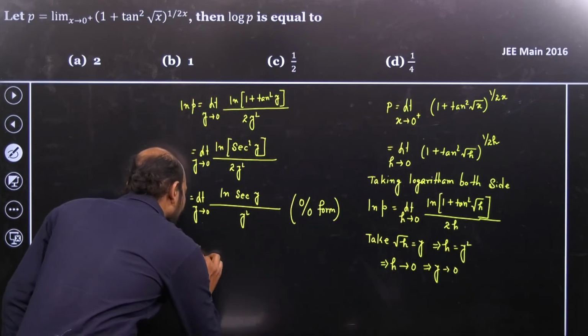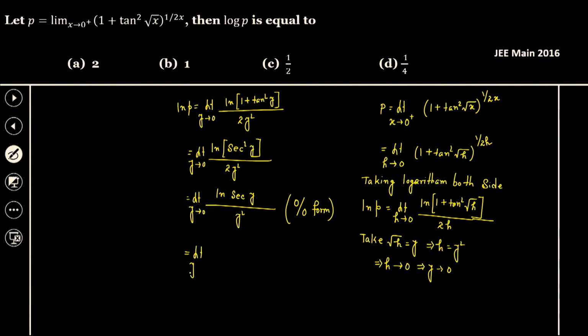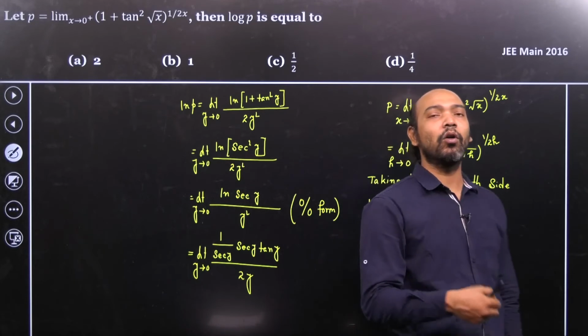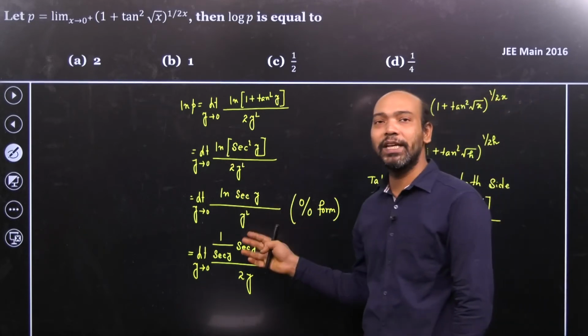So if I go ahead and take the differentiation, we'll say limit y tends to 0, we have 2y in the denominator, and then 1 by sec y times sec y tan y, because d/dx of sec x is sec x tan x and derivative of log x is 1 by x, right? So we apply the chain rule as well.